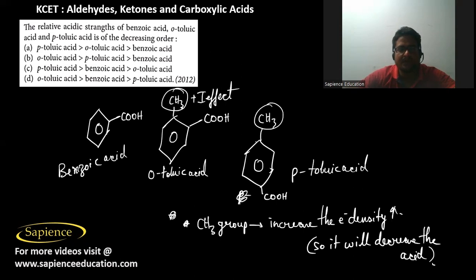And when this methyl group is attached closer to the COOH group, it will decrease the acidic strength more. So hence here the benzoic acid is the most acidic.